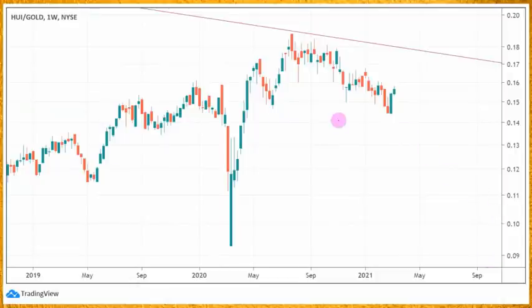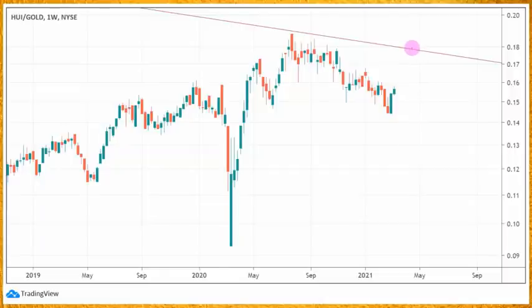And another one to look at, this is the HUI to gold ratio on the weekly scale. And so remember with this, any downwards movements means that gold is outperforming the miners, and upwards movement or green candles say that the miners are outperforming gold. And now we've had 2 weeks in a row where the miners have outperformed gold.